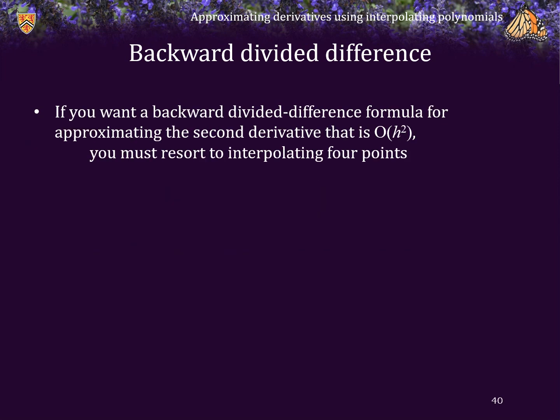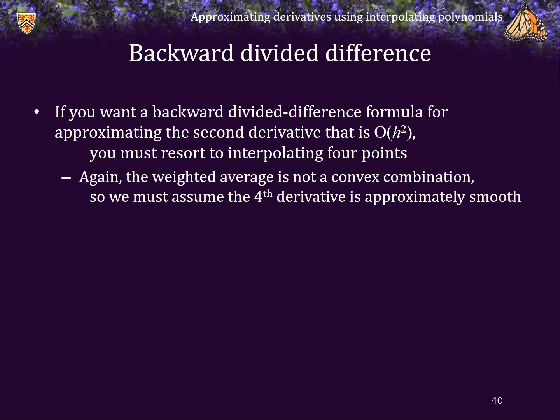Consequently, if you want a backwards divided difference formula that has an error that is order h squared, we must resort to interpolating 4 points, not 3. And once again, the weighted average of the errors is not going to be a convex combination, as some of the coefficients will be negative.